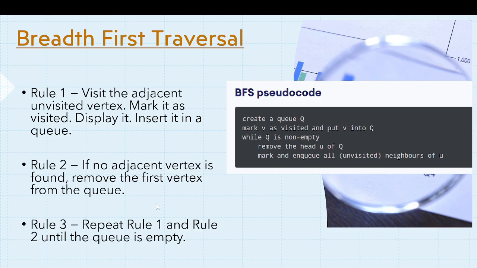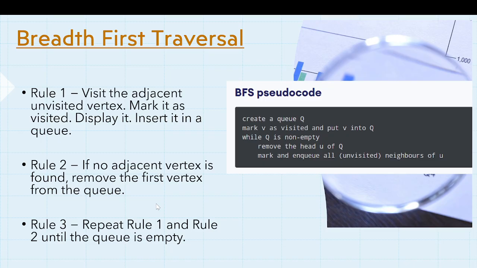Take the front item from the queue and add it to the visited list. Create a list of the vertex's adjacent nodes. Add the ones which aren't visited to the back of the queue. So we keep repeating this step until the queue is empty.